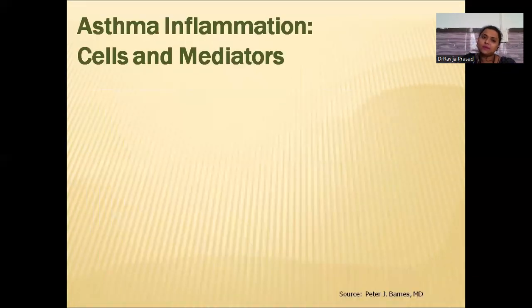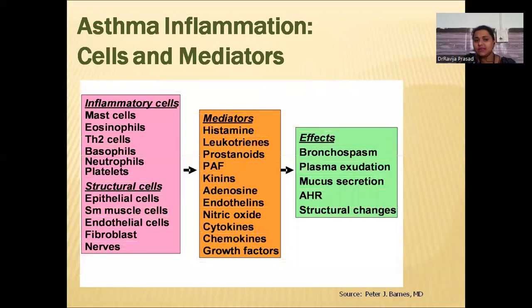What are the asthma inflammatory cells and mediators? We have already seen them. The inflammatory cells which get inflamed are mast cells, eosinophils, Th2 cells, basophils, and neutrophils.